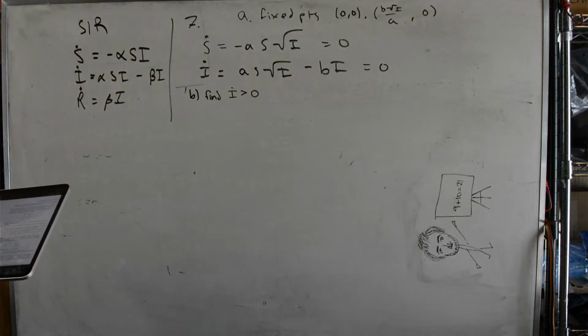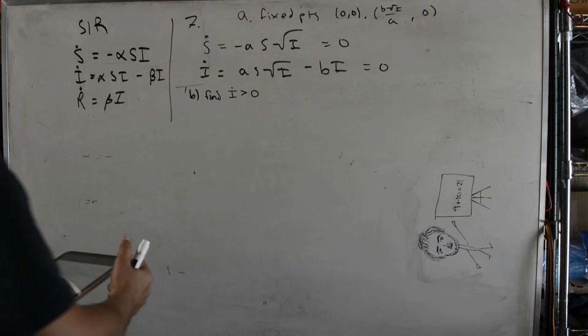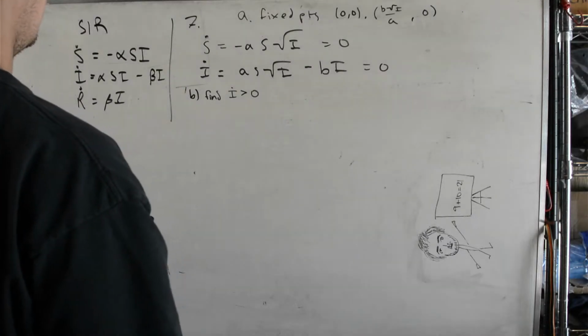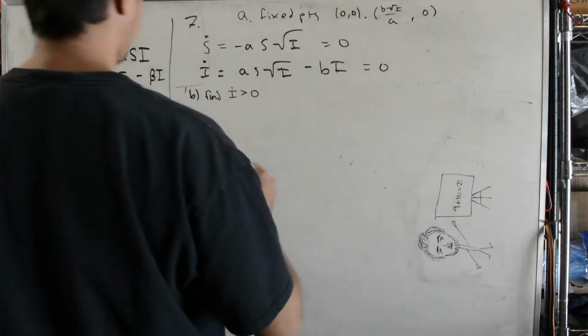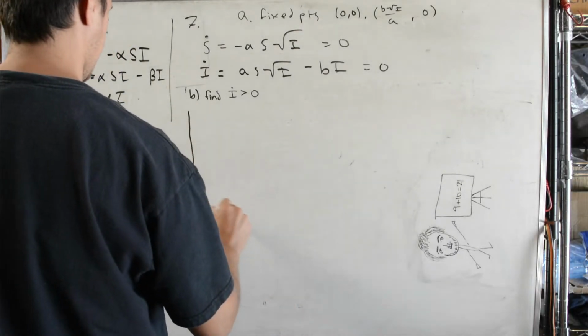Find the region of the phase plane where I dot is greater than 0. So the phase plane is going to look like this.